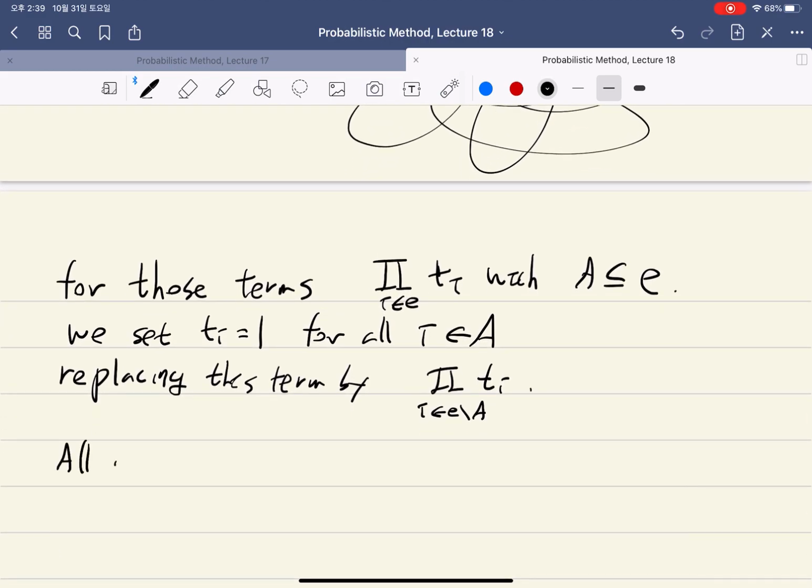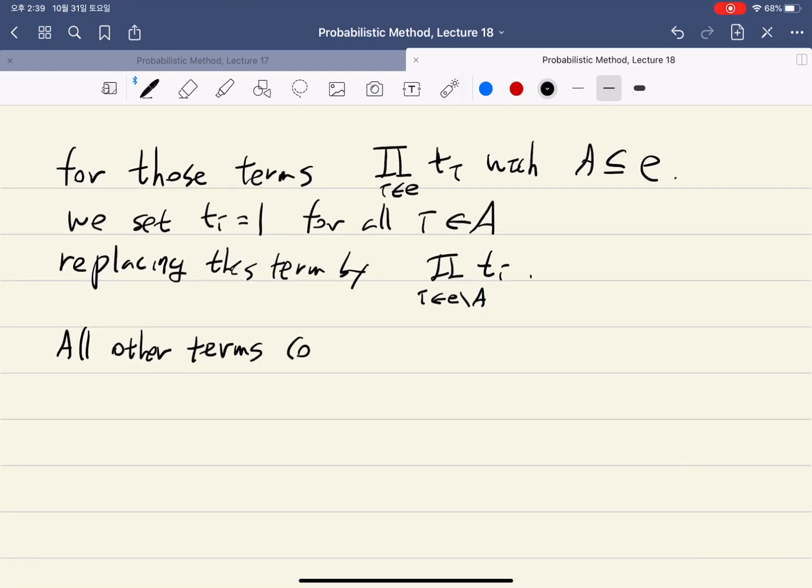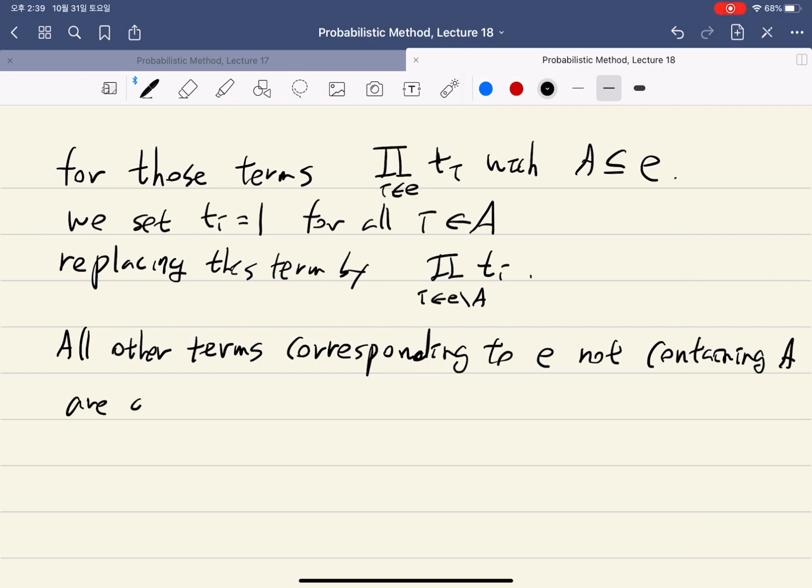While all other terms corresponding to E which does not contain A have disappeared.